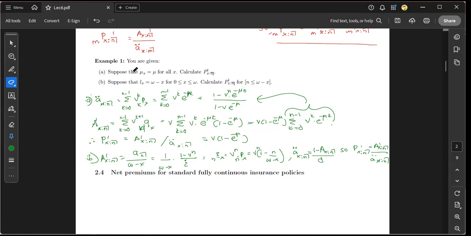That is under the constant force of mortality. But under the uniform distribution, we have a complex equation. This is somewhat easier to calculate, but this is not.